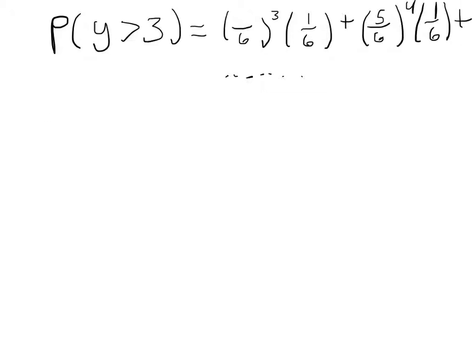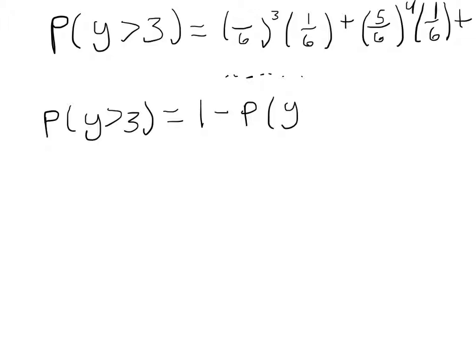But it would be much easier to just write that the probability that y is greater than 3 is the same thing as 1 minus the probability that y is less than or equal to 3. And then that I can just easily write out and compute as a geometric CDF. So the complements really work nicer here.